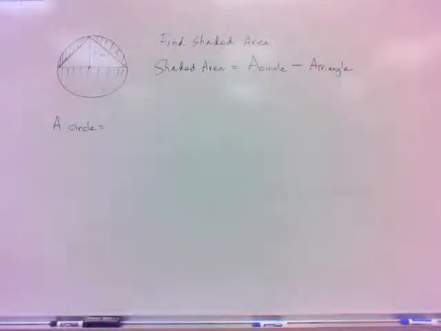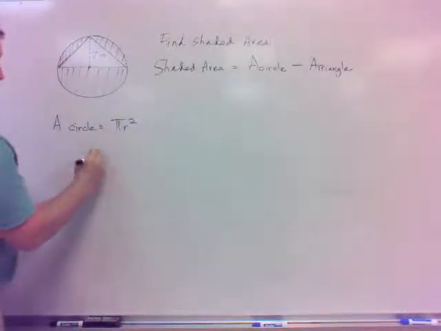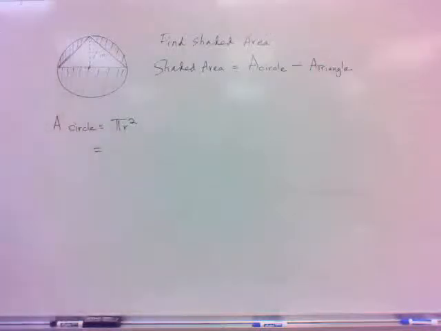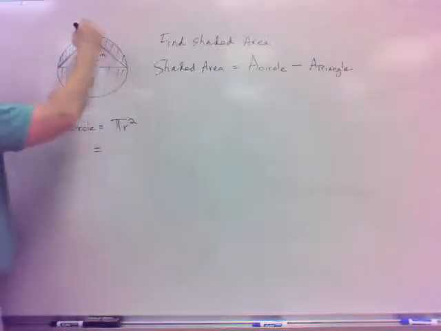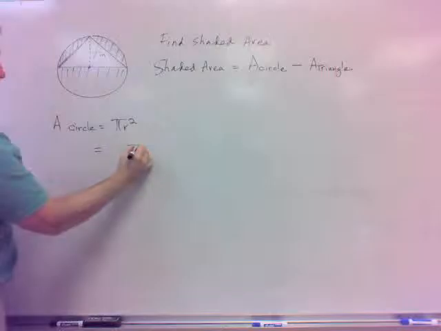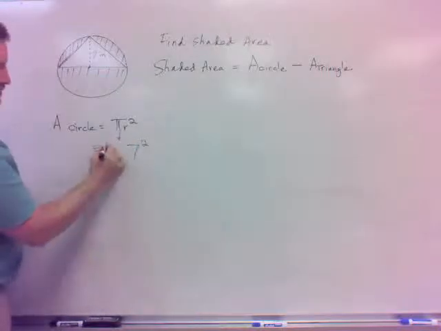All right, let's talk about the circle area. Area of a circle, formula, if you don't know, you need to know, what is the area of a circle? Pi r squared. So you need to know the radius. What is the radius of the circle? It's 7, isn't it? It's the distance from the center to the outside of the circle. Here you go, 7. The radius is 7. Now again, pi, you can use your pi button or you can use 3.14 approximation.